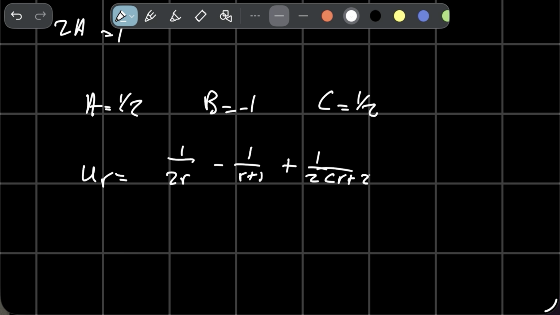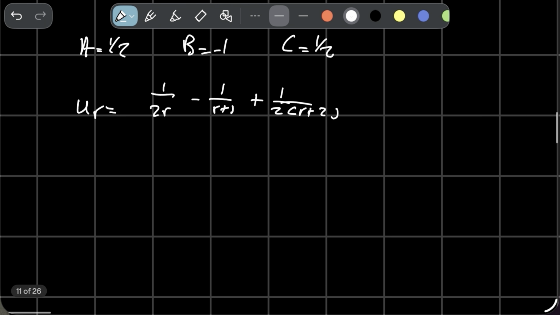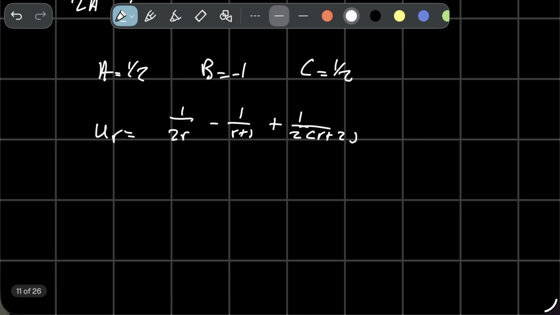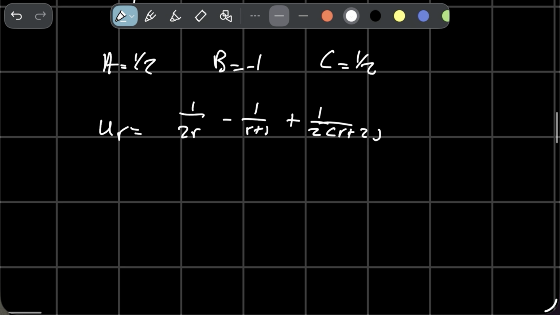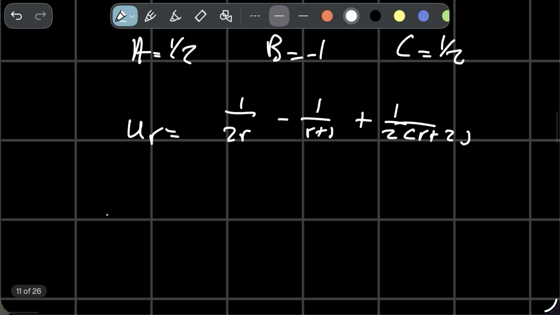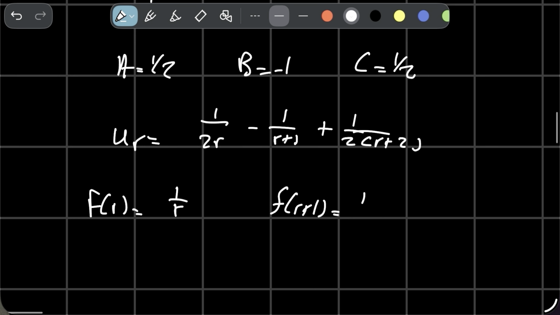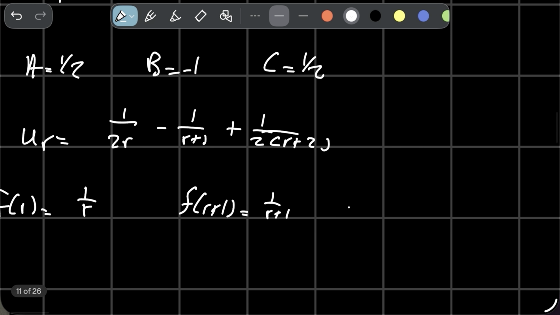Now we want to define f(r) as a function. What would this function be? Simply, it will be 1 over r, since all the r's are in the denominator. Therefore, f(r) equals 1 over r, and f(r plus 1) equals 1 over r plus 1, and f(r plus 2) equals 1 over r plus 2.